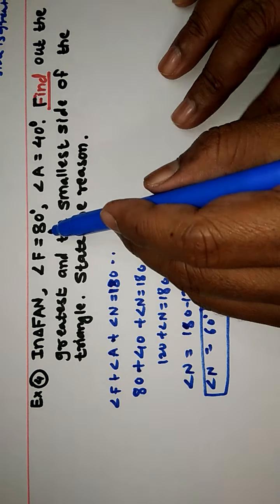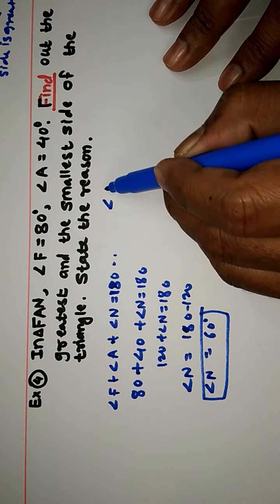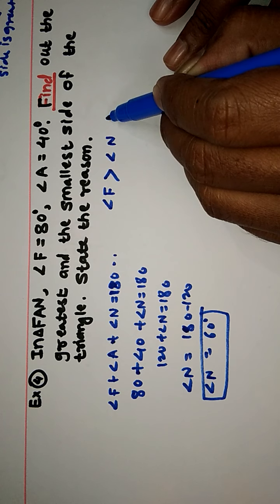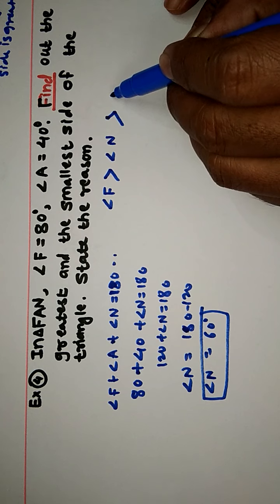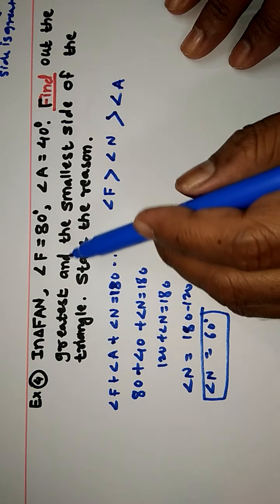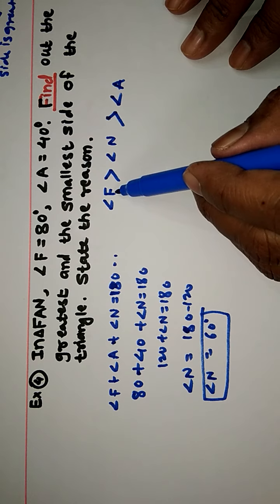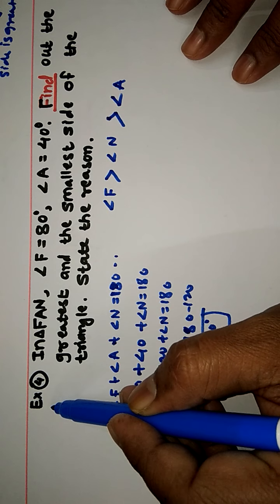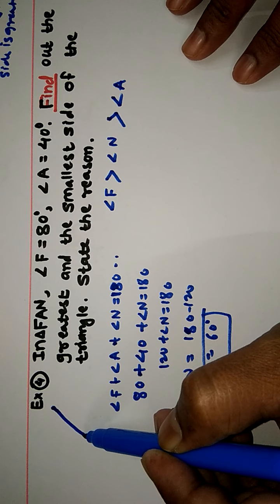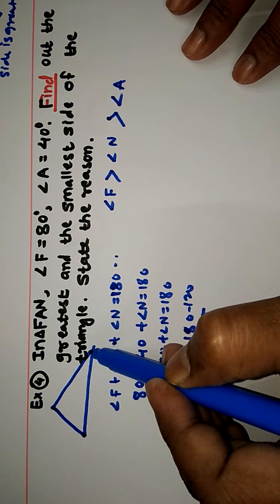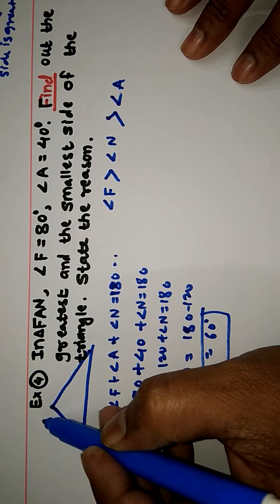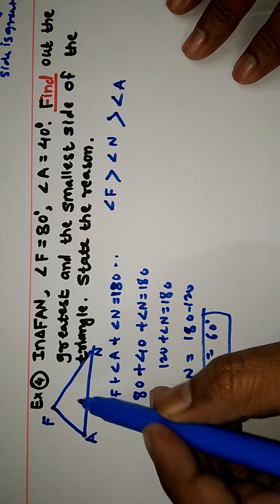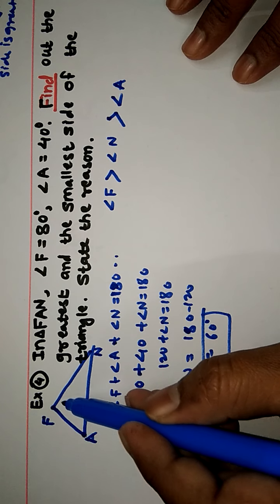Now see here, angle F is 80, means angle F is greater than angle N. Angle N is greater than angle A. We can conclude this. Now our aim is to find the greatest and smallest side. Angle F is greater. We draw the rough figure here, FAN. The side opposite to the greater angle is greater.